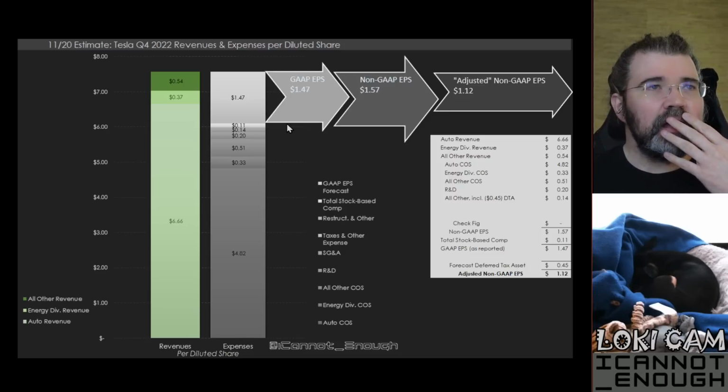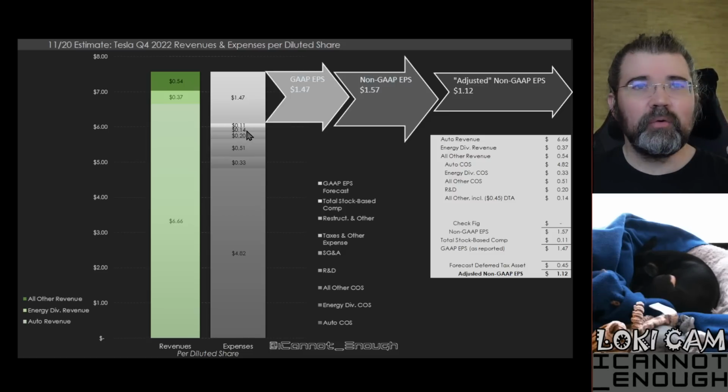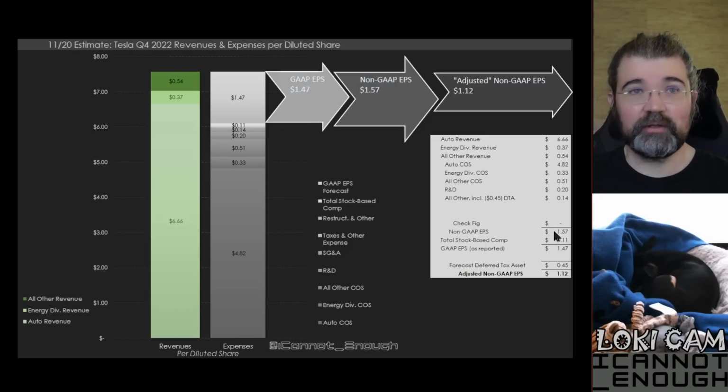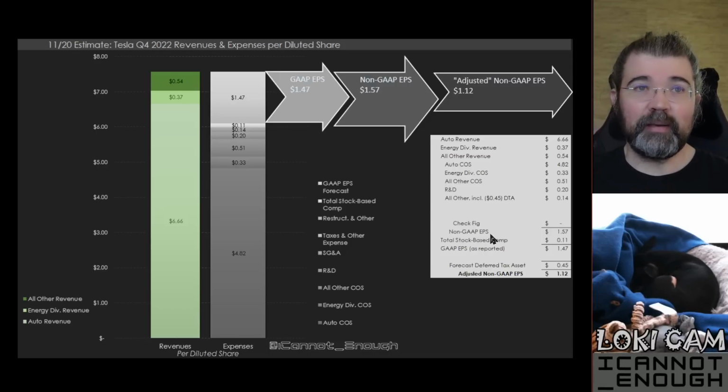All right, so what's left to talk about? Total stock-based compensation of 11 cents. What's this? It's the difference between GAAP profit as reported and non-GAAP EPS as Wall Street will adjust it, because they care about the non-GAAP earnings.